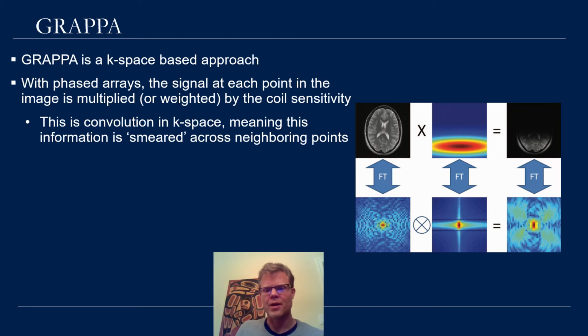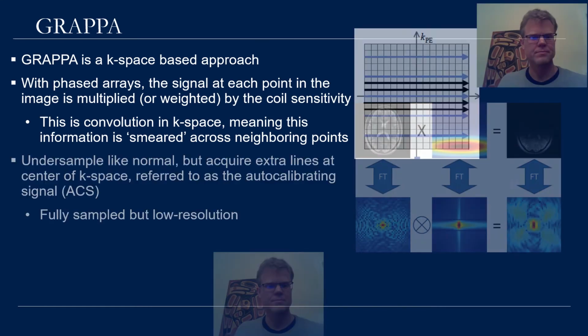When we multiply our image by the coil sensitivity, we obviously get an image that looks like just this region of the anatomy. But in k-space, this is a convolution with the Fourier transform of the coil sensitivity profile in the bottom middle portion here. So it's like the smearing of information across k-space to neighboring points.